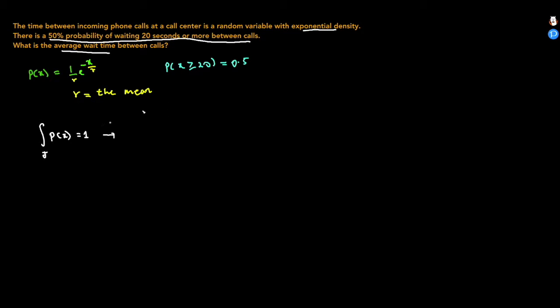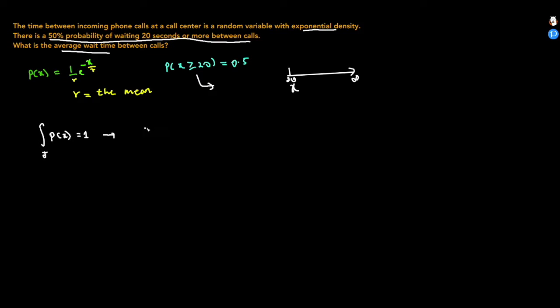So this is a number line, this is 20, and this is infinity. The probability that x is 20 or greater, off to infinity, is 0.5.